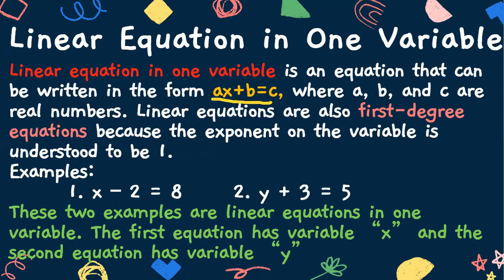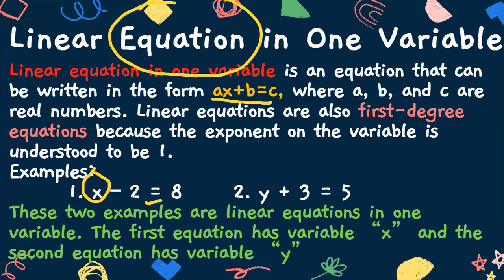So, x minus 2 is equal to 8. So, isa lang yung variable natin, which is x. And then, when we say equation, we use the symbol or the sign equal. So, that is x minus 2 is equal to 8. So, that is an example of linear equation in one variable. Next, number 2. y plus 3 is equal to 5.